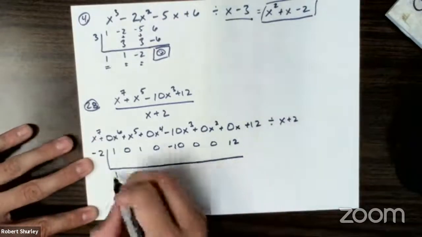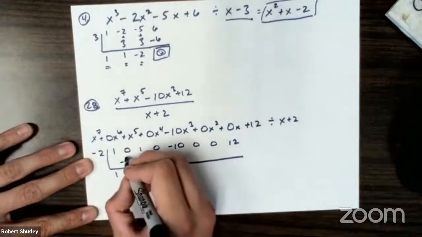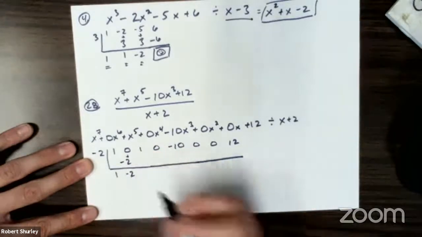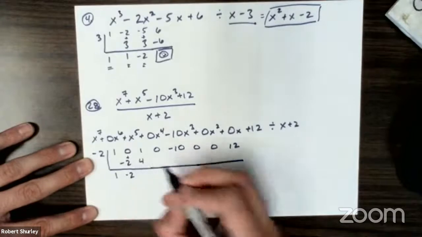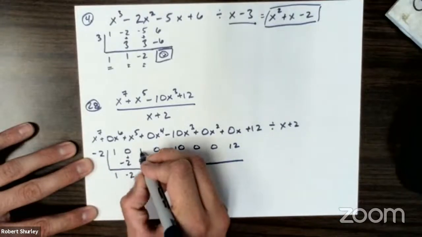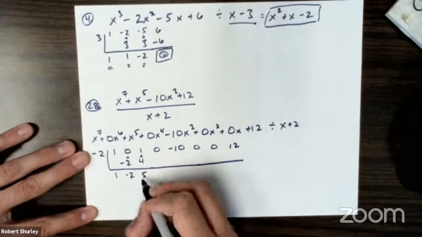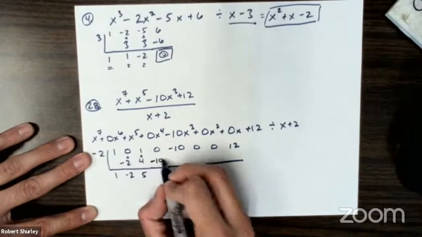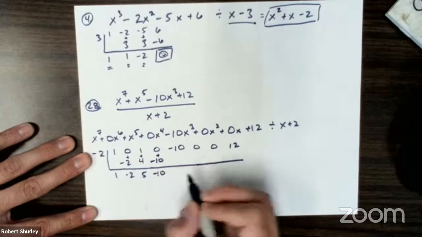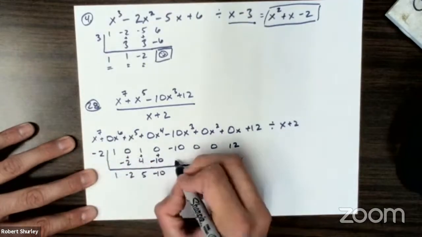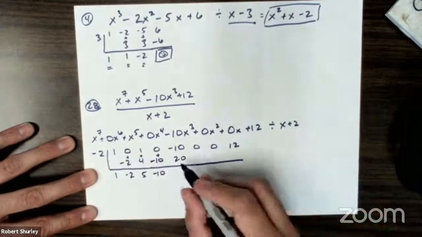So bring down the 1, multiply it, I get -2. Add, I get -2 because anything plus 0 is itself. Multiply, I get a +4. Add, I get a +5. Multiply, I get a -10. Add, I get a -10. Multiply, I get a +20, right?